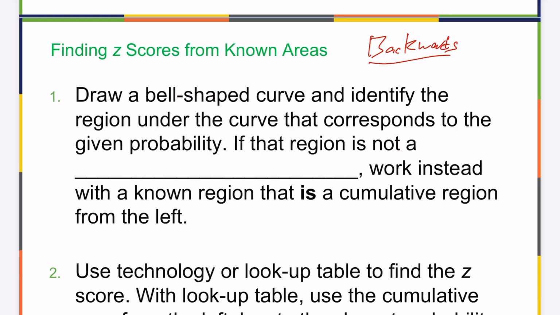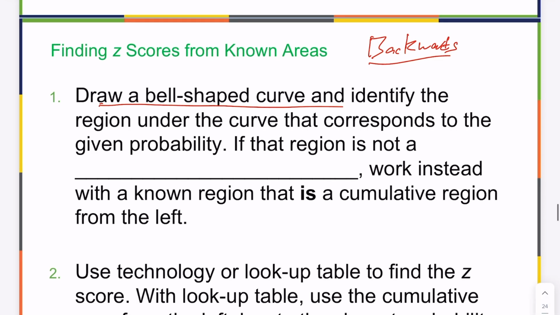I am given the area from the left, and I need to find the z-score. And my advice is to draw a bell-shaped curve and identify the region under the curve that corresponds to the probability given. So if they tell me that the percentage of people under this unknown score is 20%, what is the score?